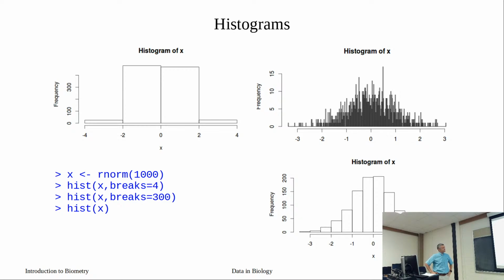X is a random assortment of numbers between 0 and 1,000. Good guess. Good guess. Not quite right. But you did say x is going to be our variable, so that's good. So we're going to run this function, and then whatever it does, we're going to save it as the object x. All right, we've got that.